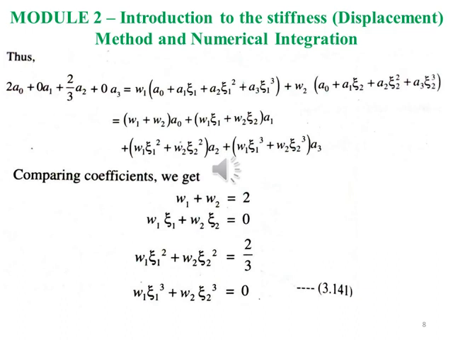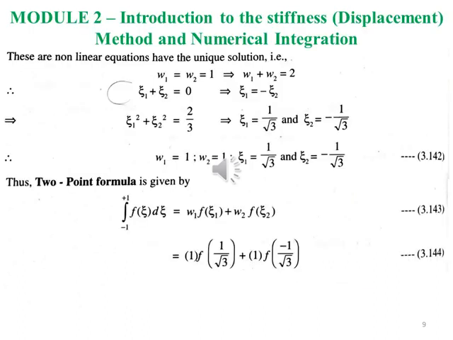So in the 2-point formula we can write it as integrating f(z) dz over minus 1 to plus 1 is equal to w1 function of z1 plus w2 function of z2, or 1 into function of 1 by root 3 plus 1 into function of minus 1 by root 3. So here simple substitution for the values of w1, w2, z1, z2 is considered and the 2-point formula has been written down.